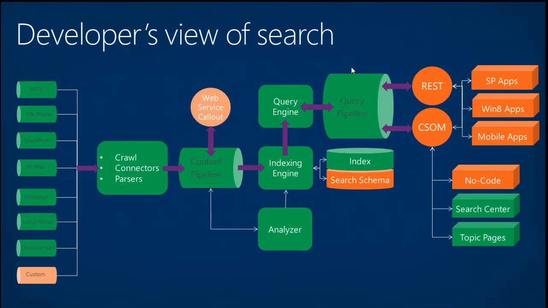If you look at the CSOM point, you'll see that it is used by no-code solutions that we create, but also in green, the Search Center and topic pages that come with SharePoint out of the box. So just the regular Search Center and that new WCM capability to drive websites off of catalogs that are lists, those are all using that CSOM endpoint. The REST endpoint can be used for SharePoint apps, the Windows 8 apps, and of course mobile apps as well. So those are the places that we'll go in.